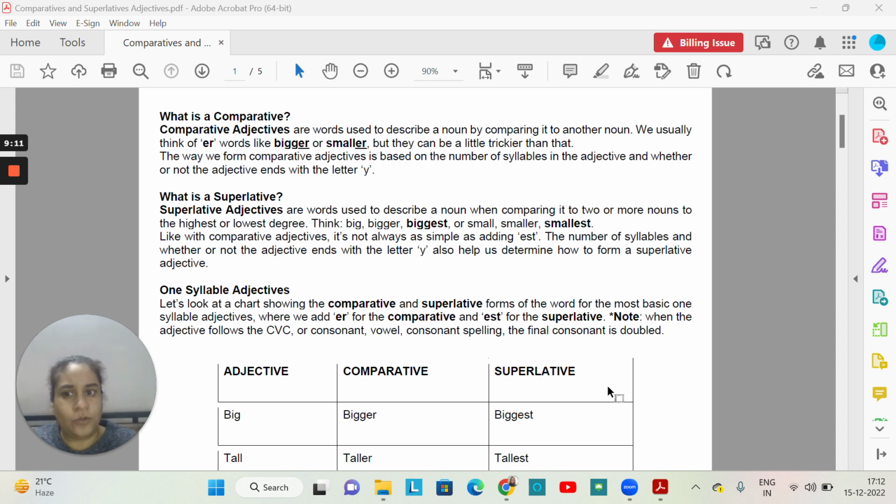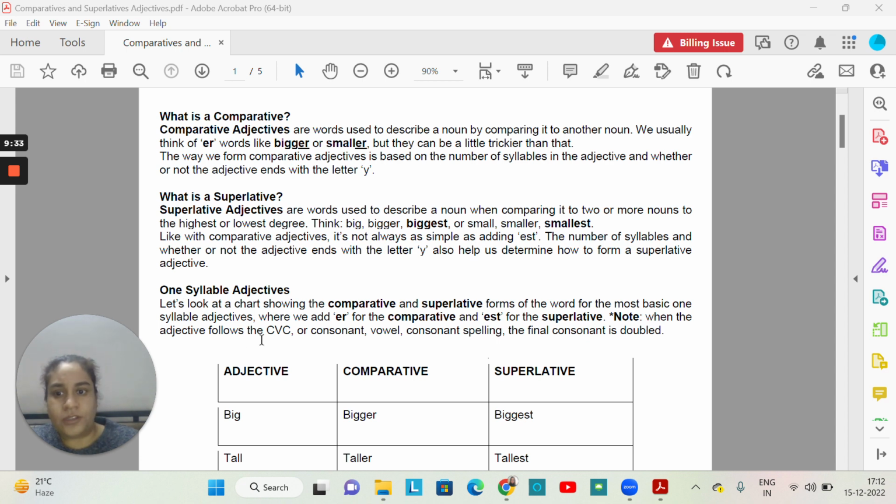Okay, let's go through an example. You'll understand it better. Like here, it's again given to you in the note if you notice. When the adjective follows the consonant, vowel, consonant spelling, the final consonant is going to get doubled.